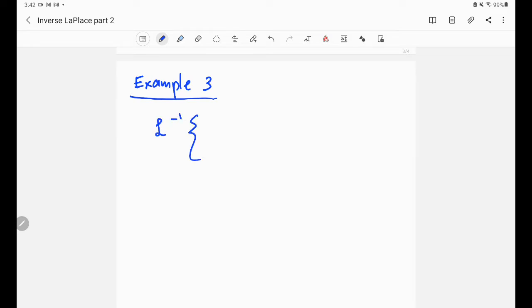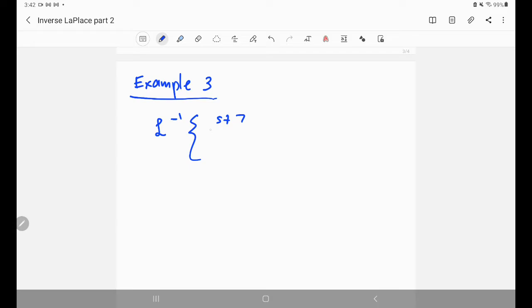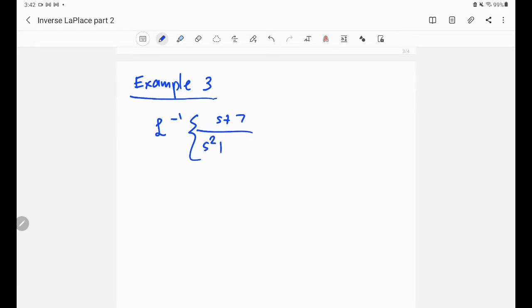We need to find the inverse of (s plus 7) over (s squared plus 2s plus 5). So here is a problem similar to the first one. You cannot really factorize the denominator, so you need to find a clever way. You need to be clever on how you can use the first shift theorem to factorize the denominator.